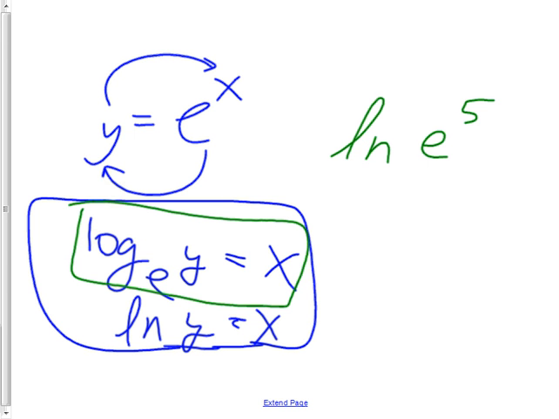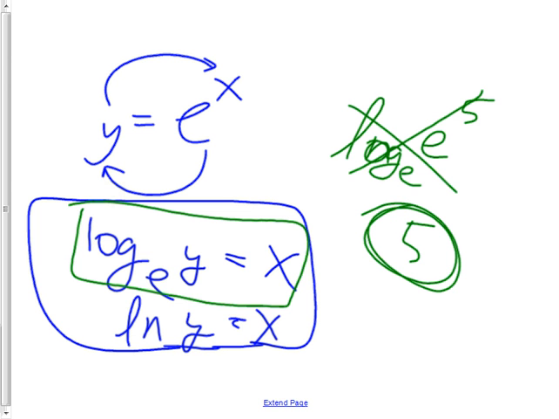But could you see how a kid might leave their answer like that on a test, thinking they were done? And it's actually, ln is log base e, and now it's really just 5. Okay, so be careful. I'd always write the bases out. I think it's the safest thing.